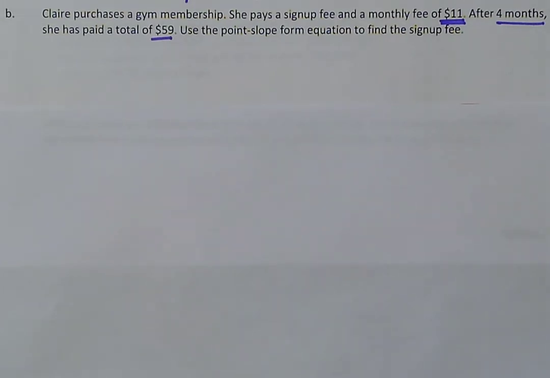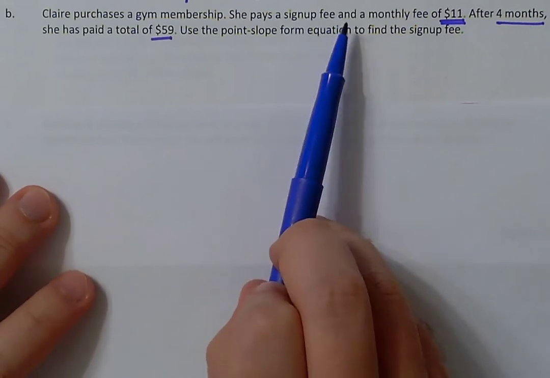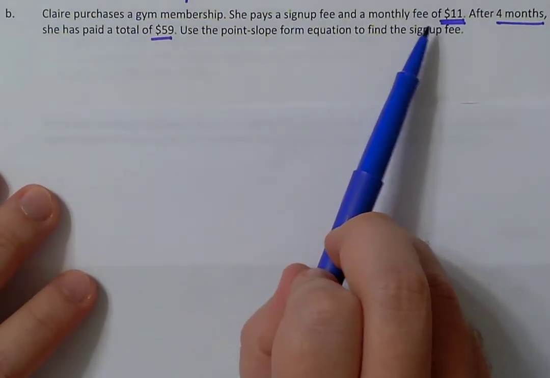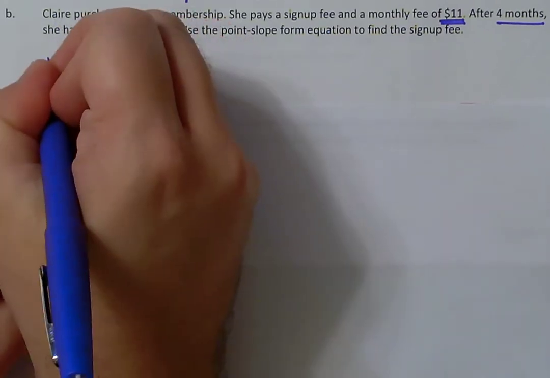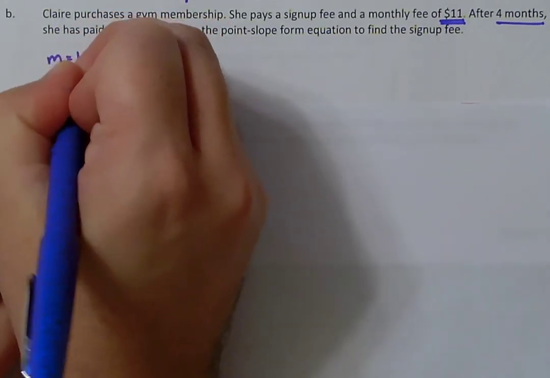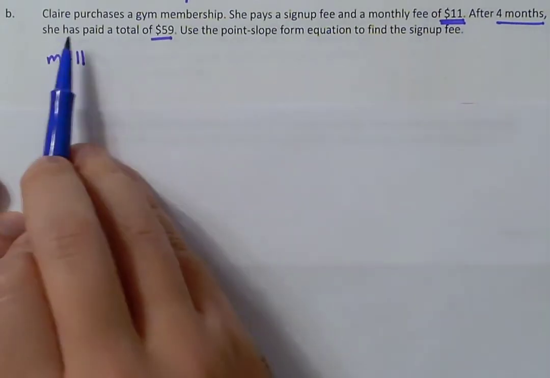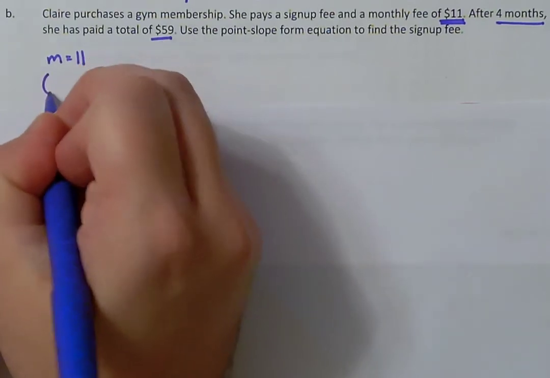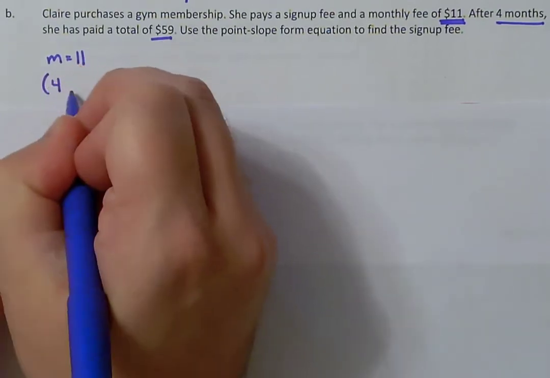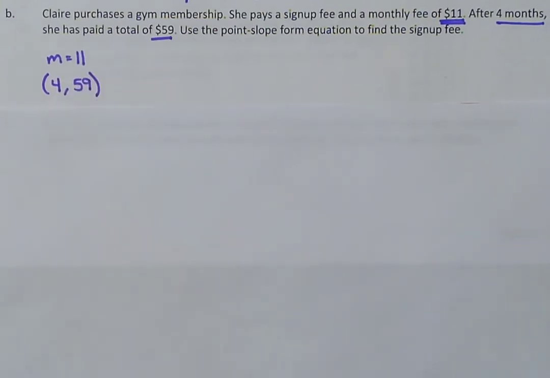So our situation states that she pays a sign-up fee and she also pays a monthly fee of $11. So each month she is paying $11. So that is our rate. And then it tells us at 4 months she has paid a total of $59. So that means that's our point, that at 4 months she has paid $59.